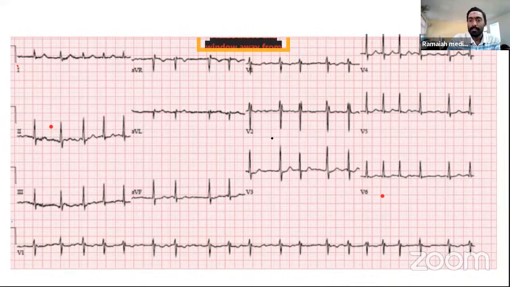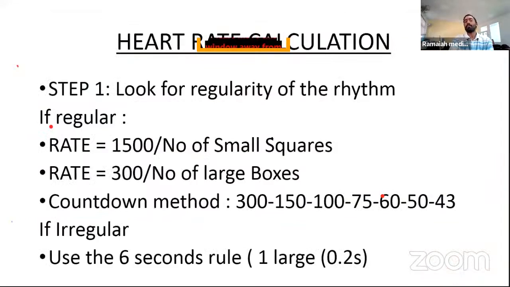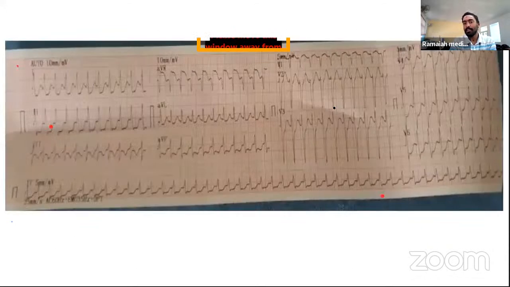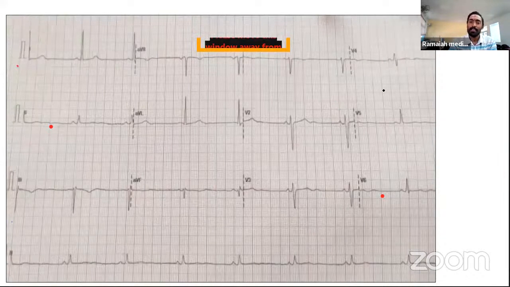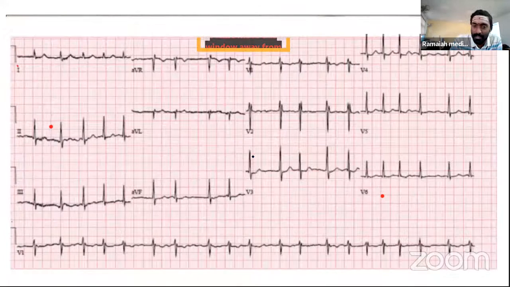Yeah. See, very important. What is the golden rule? To use this formula or any of this, the rhythm should be regular. If it is irregular, you can't use any of these methods. Correct. So the rhythm should be regular. So this is an irregular rhythm.